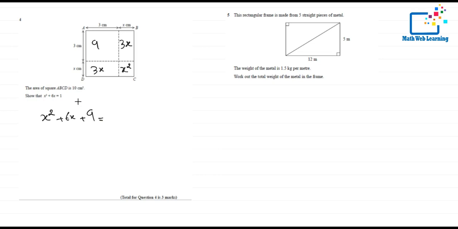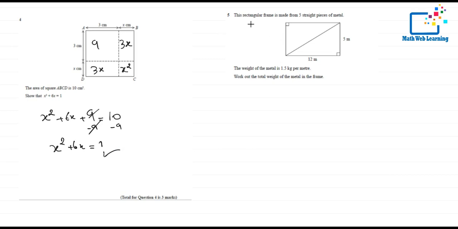This should be equal to this area, 10 there. The next step is to subtract 9 from both sides, because I need to write it down like this clearly, because 10 minus 9 is 1. Okay, so x squared plus 6x is equal to 1, and that's your answer, right?